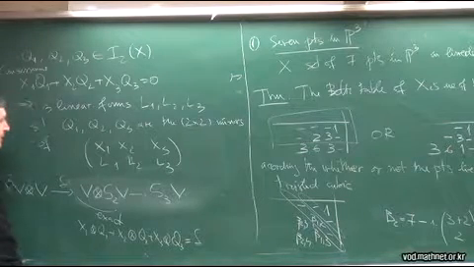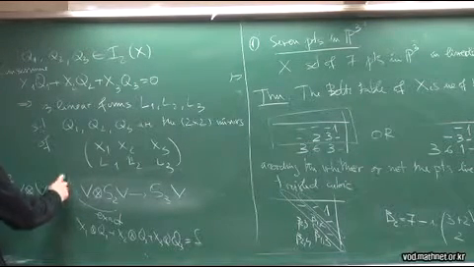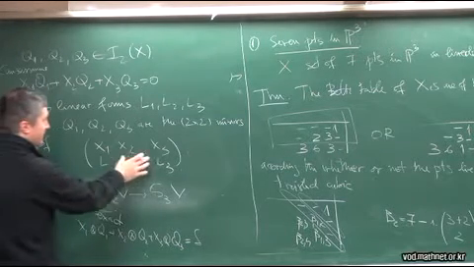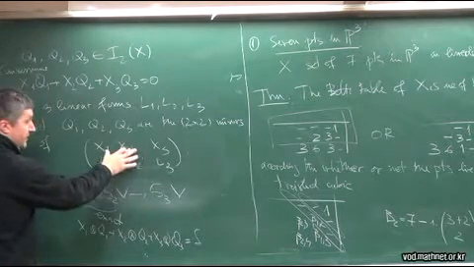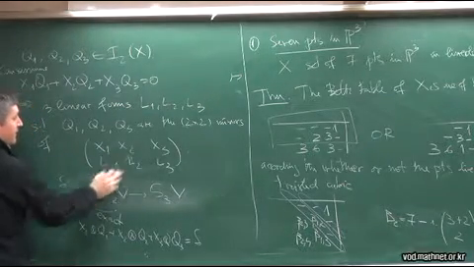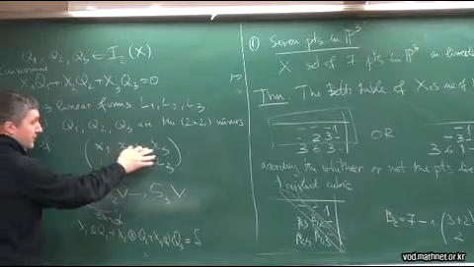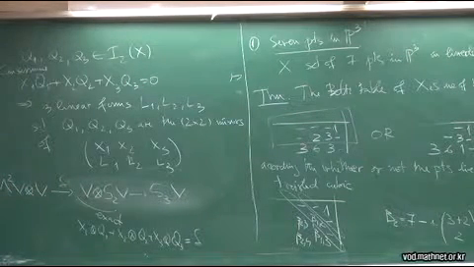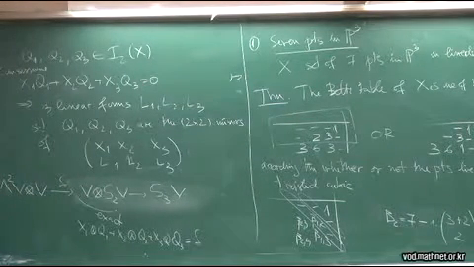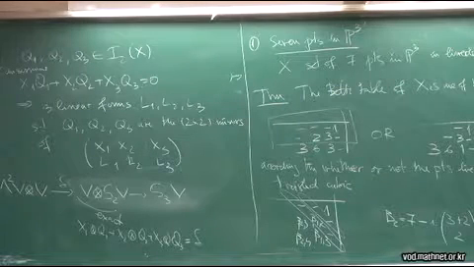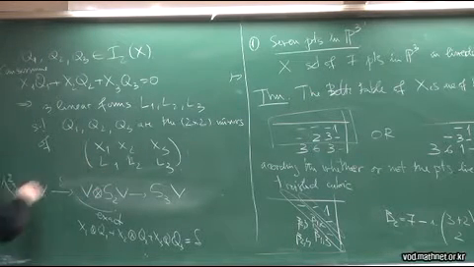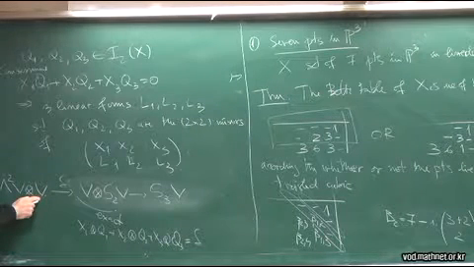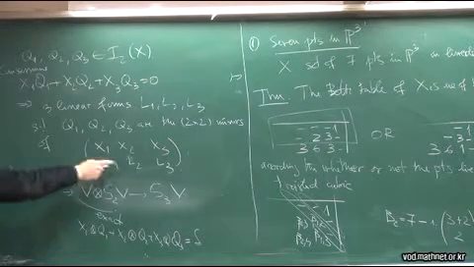To be completely precise, there are some technical details which I don't want to enter. I should take, instead of V here, just the span of X1, X2, X3, and say that here we have wedge 2 of that span. That's the right way to do it. And then we get these linear forms, which will be in this part.